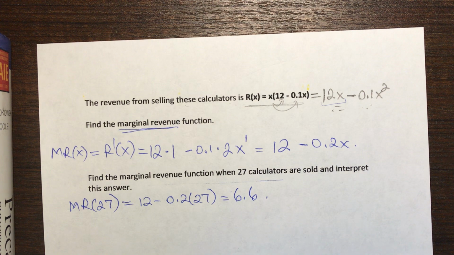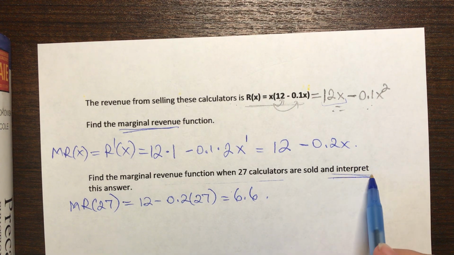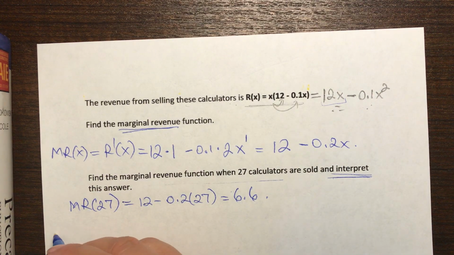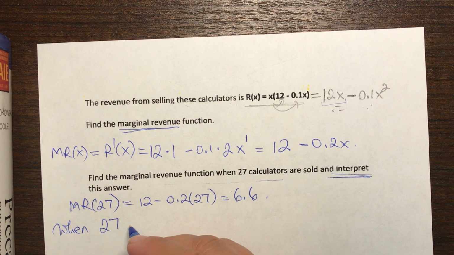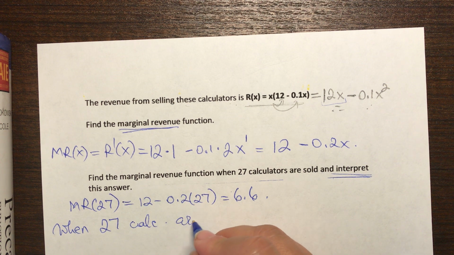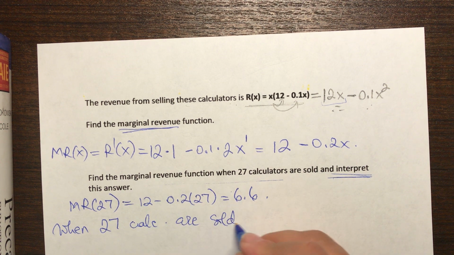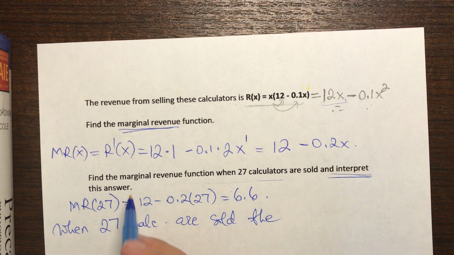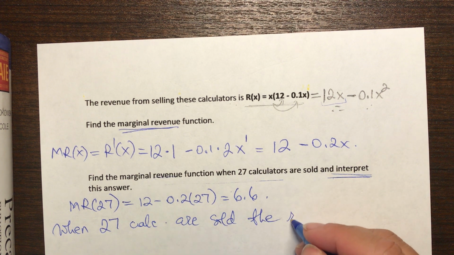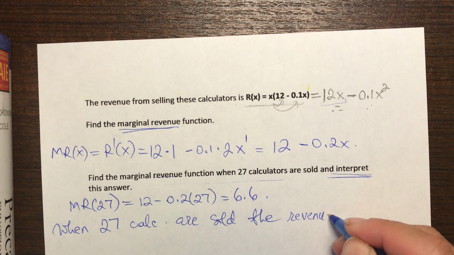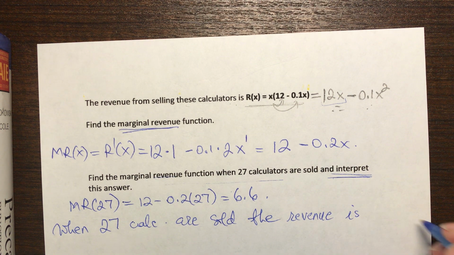So what does that mean, the interpretation? Remember, we got this value only because of the 27. So when 27 calculators are sold, the revenue, that's the function that's changing here, is increasing because you got a positive slope.